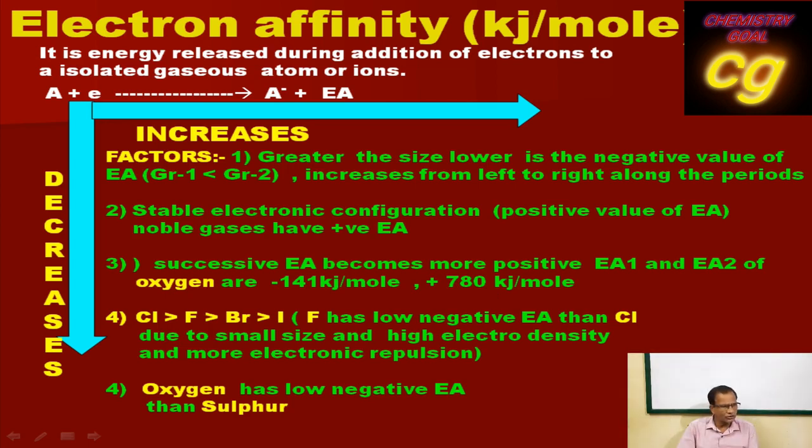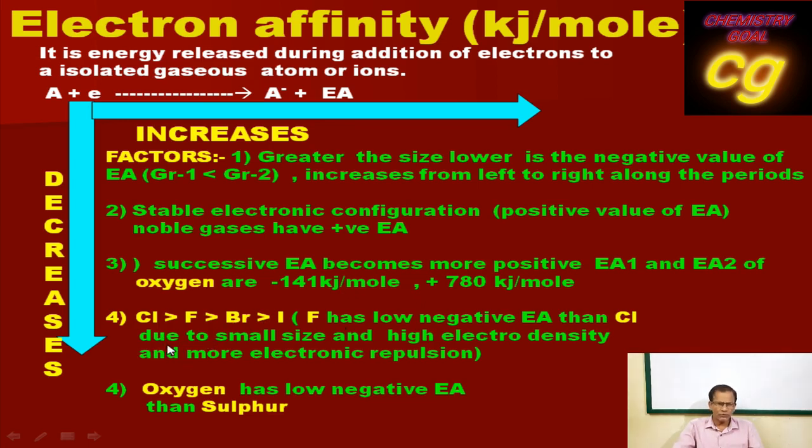If you add the second electron, the value will be more positive, because the added electron will repel the next electron. During successive addition of electrons, the repulsive force between the electrons present in the outermost shell and the added electron is increasing. That's why the positive value of electron affinity is increasing, because to overcome the repulsion between the added electron and the outermost electrons, we have to use some energy. That's why successive electron affinity always increases, and successive ionization energy also increases.